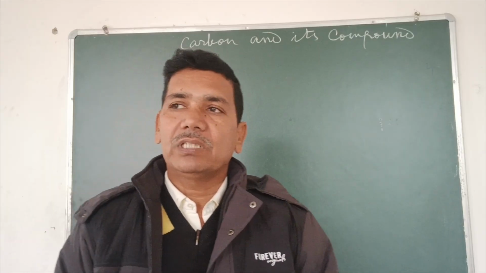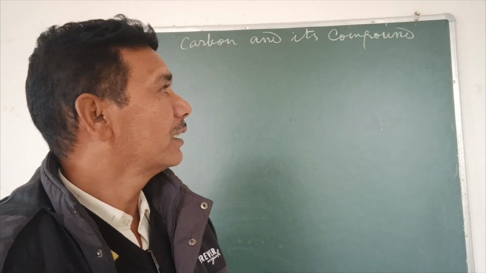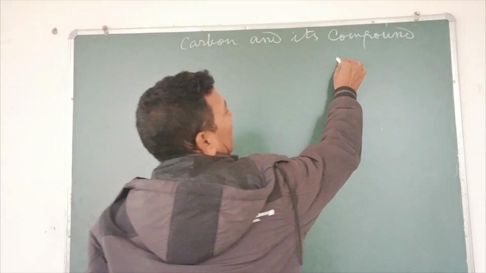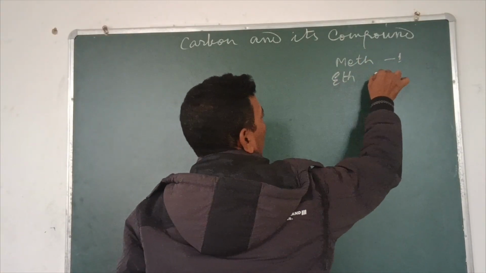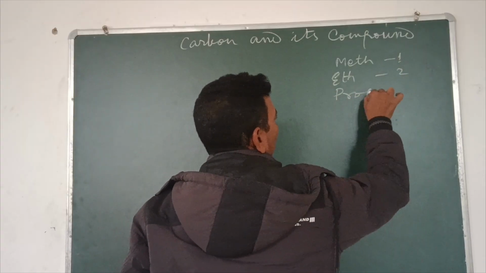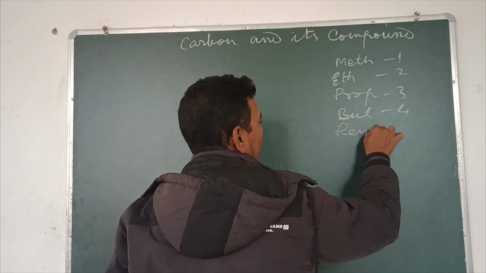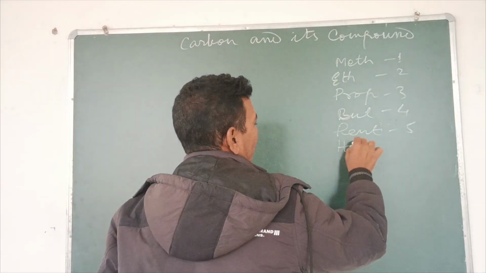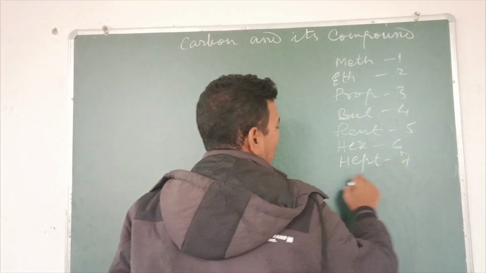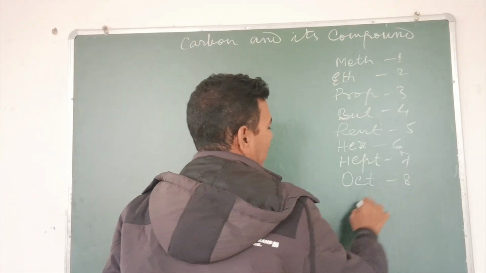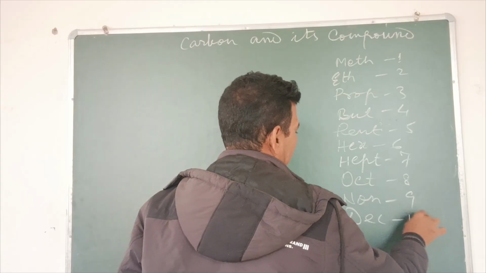But before we start categorizing, let us learn the counting of chemistry, in which meth is for 1, eth for 2, pro for 3, but for 4, pent for 5, hex for 6, hept for 7, oct for 8, non for 9, and dec for 10.